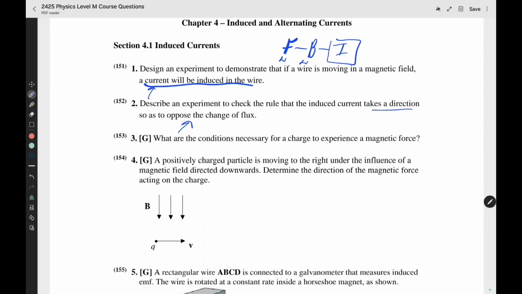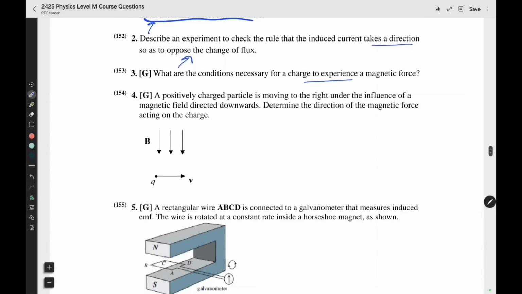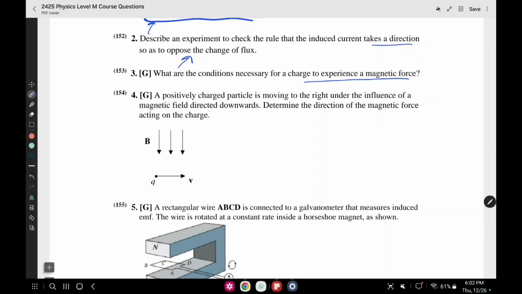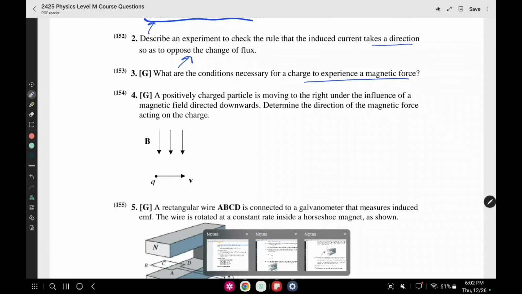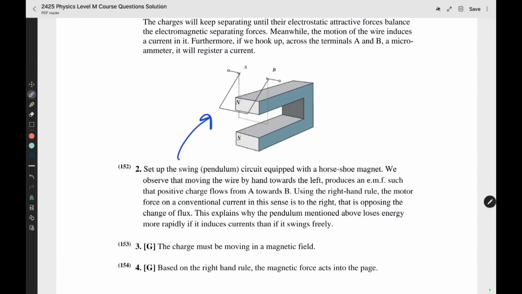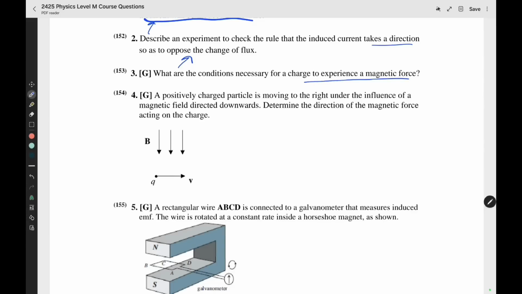Anyway, what are the conditions necessary for a charge to experience a magnetic force? This also you need to memorize, there's nothing for me to explain here. Now when we say to experience a magnetic force, in other words, we're saying induced EMF. How do you get an induced EMF?